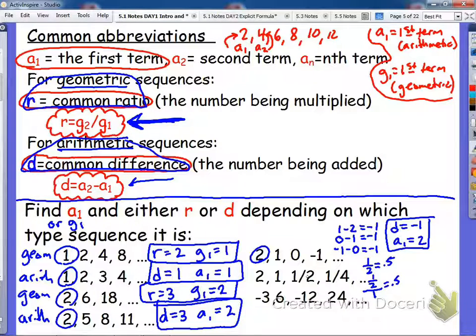Now, I just want to encourage you, if you're on one of those old school TI-83 calculators, or for that matter, just a regular 4-function calculator, and you try to type in 1/4 divided by 1/2, you're going to get the wrong answer. That's because you're dividing fractions.